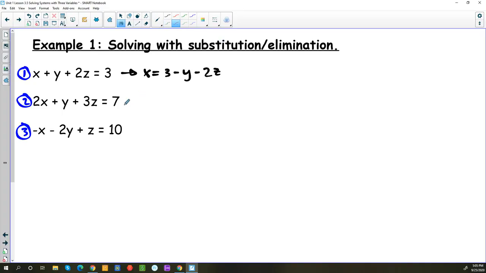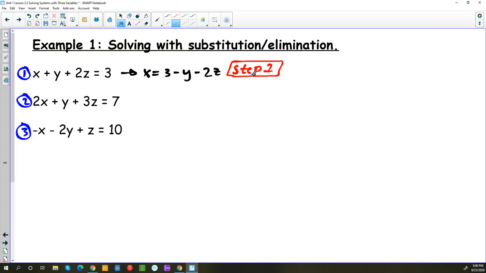If we're trying to create steps for ourselves here, this would be what I would consider step 1. If you're referencing your notes in the future for homework, classwork, tests, quizzes, anything like that, this would be step 1.